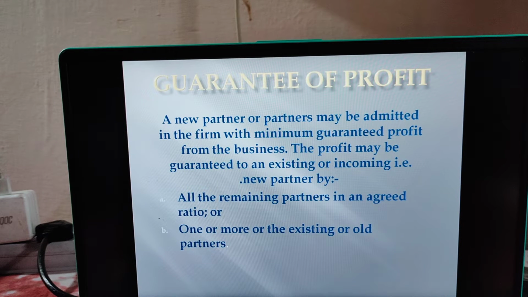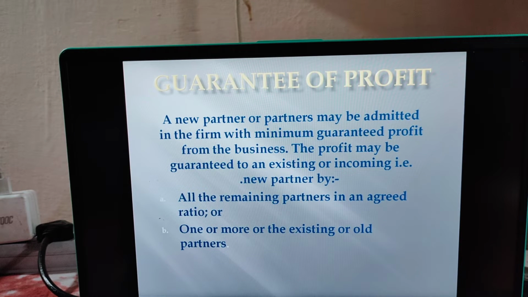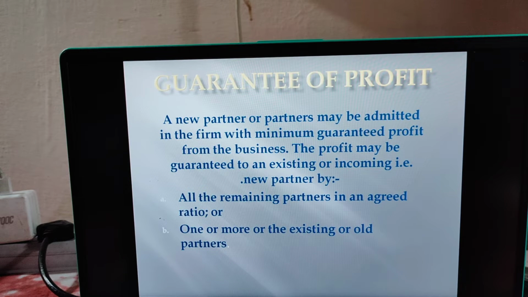The profit may be guaranteed to an existing or incoming, that is new, partner. Who will give the guarantee? All the remaining partners in an agreed ratio, or one or more of the existing or old partners. So the guarantee may be given by all the partners or by one partner.